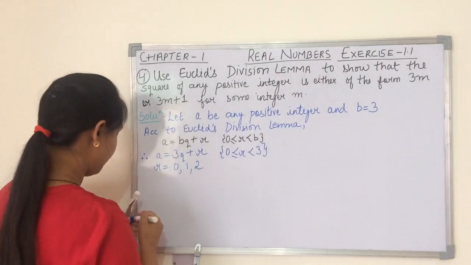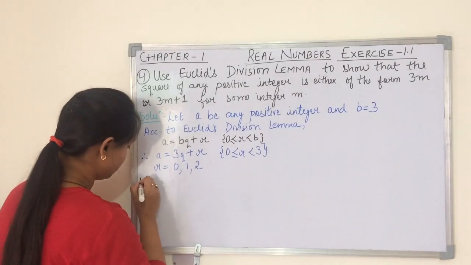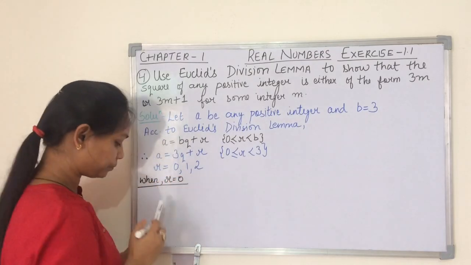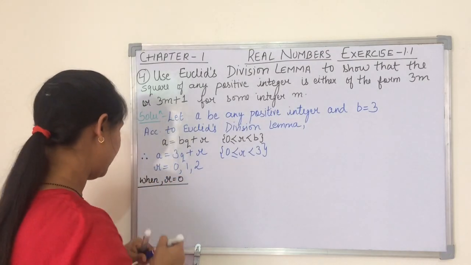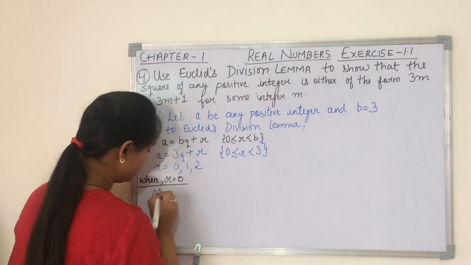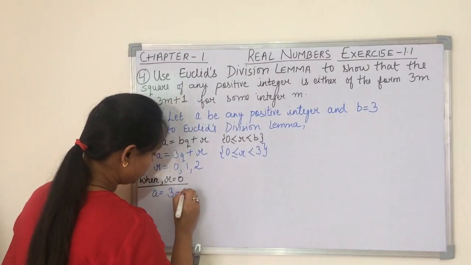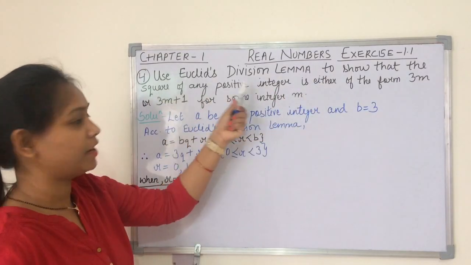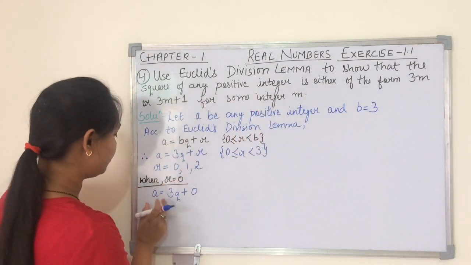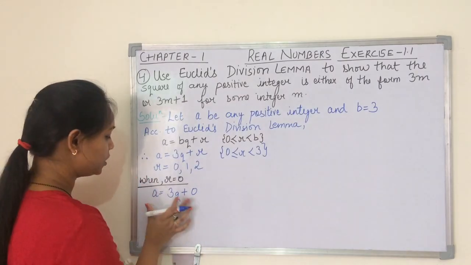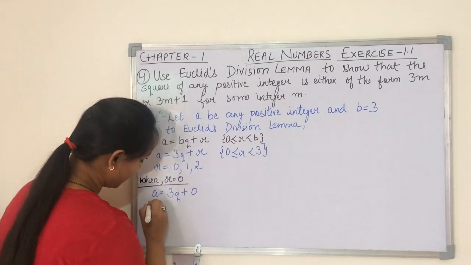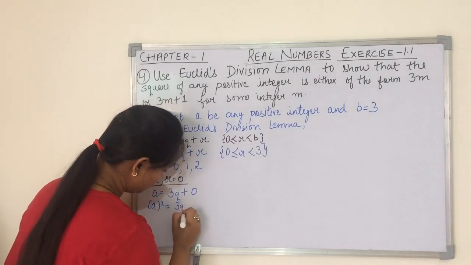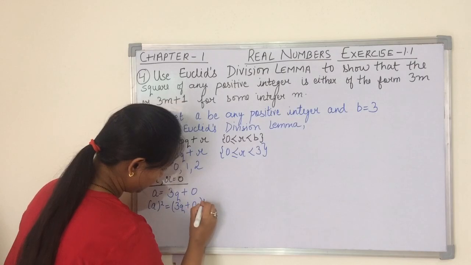Now, when we take the remainder as 0, the value of a will become 3q plus 0. Since we have to show the square of any positive integer, we will do squaring on both sides. a will become a square and 3q plus 0 will become whole square.